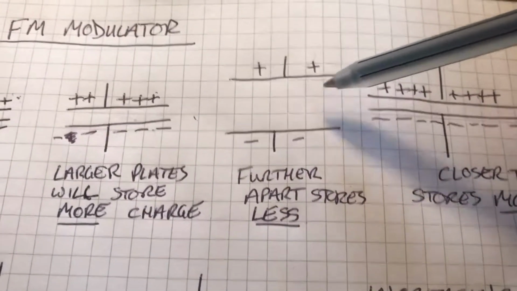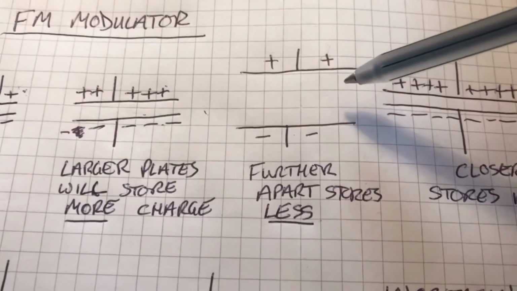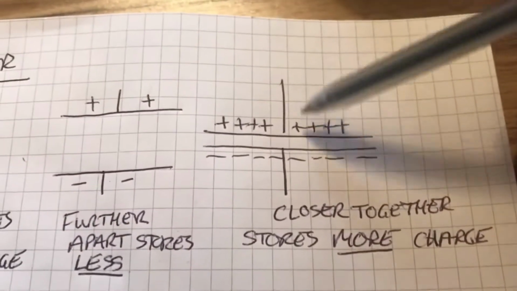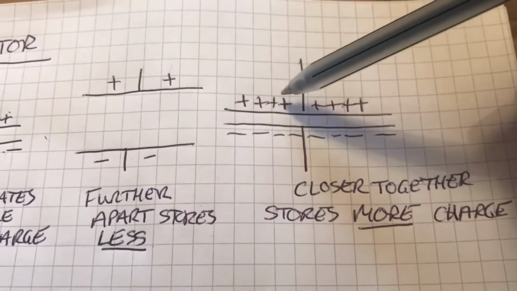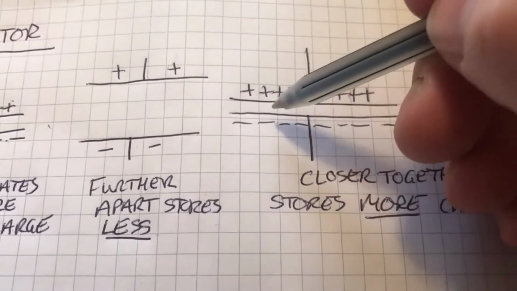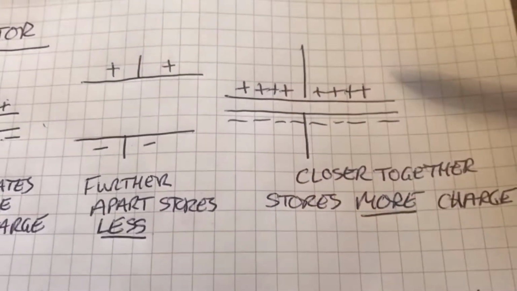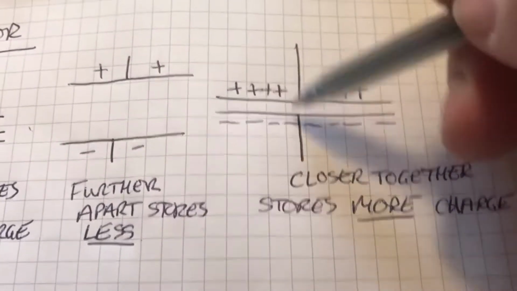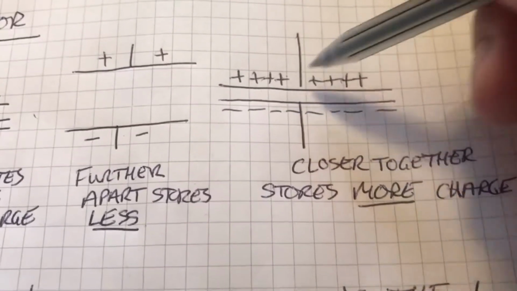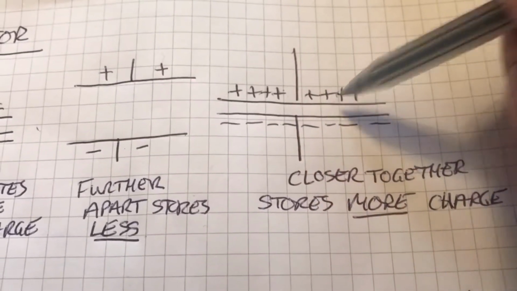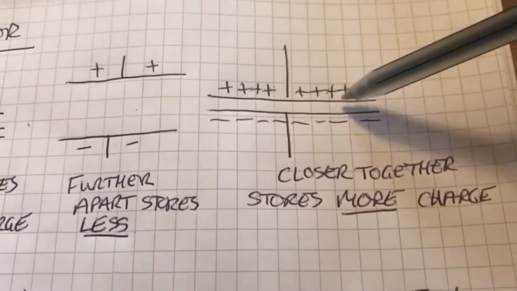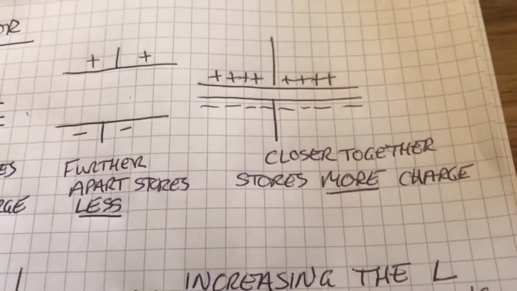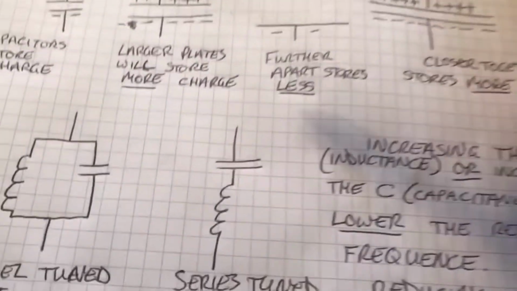Further apart gives you less capacitance. If we go closer now, they're close to each other, so opposites attract, and they feel each other much more strongly because there's less distance. So you'll get a lot more capacitance, or a lot more charge, on plates that are close together. Further apart, weaker; closer together, stronger. So that's just a recap.